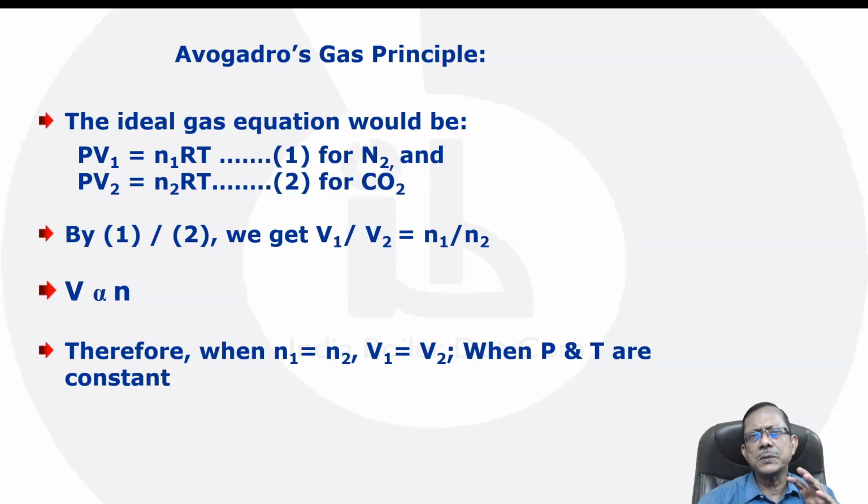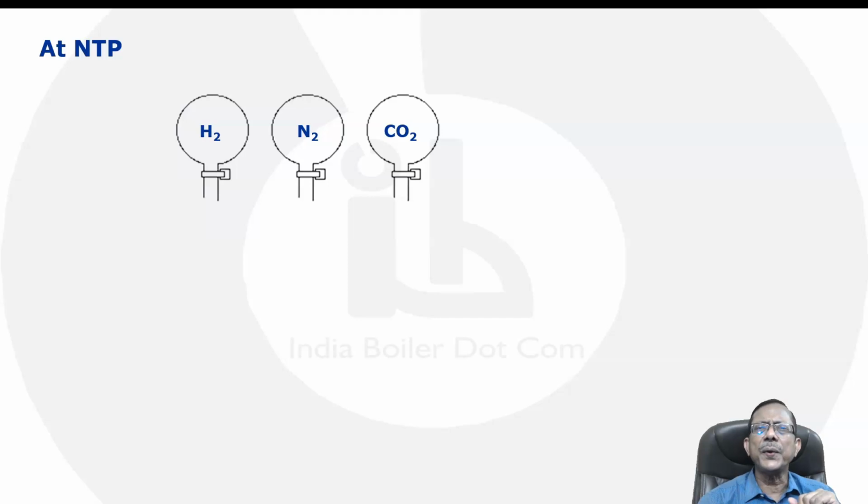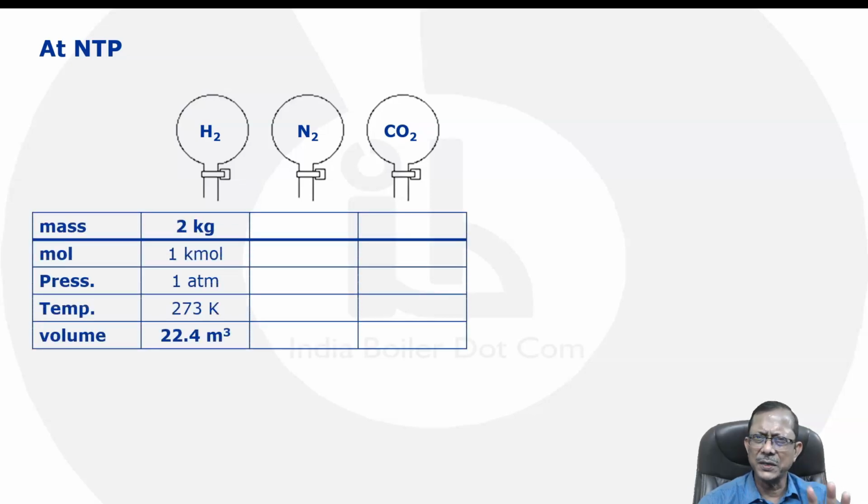Now this principle can be used to find out a couple of very useful pieces of information. For example, let us say at NTP somebody is measuring the volume of hydrogen, nitrogen and CO2. He measures the volume of 2 kg of hydrogen, which is the molar mass of hydrogen, that means the number of molecules is 1 kilomole. He found the volume as 22.4 meter cube at NTP.